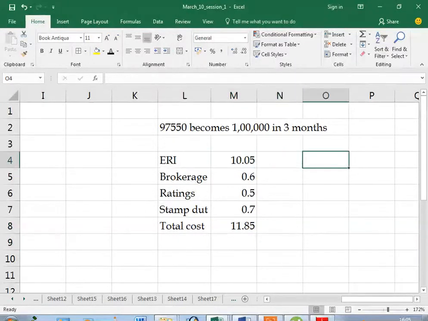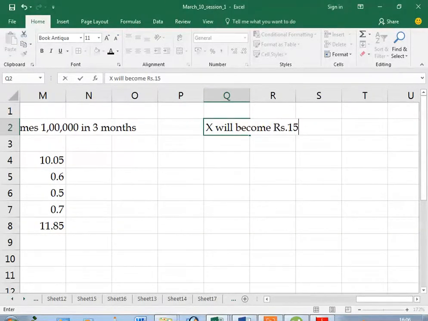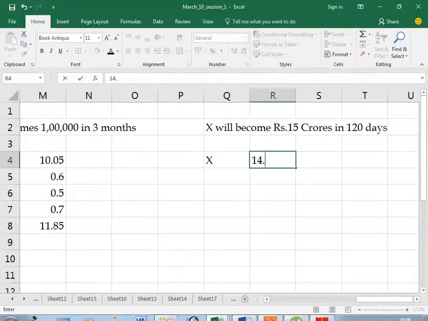Let me know what that amount is. X will become 15 crores in 120 days. This is 14.4650. Let me know what that X number is. 14.4650, four decimals.